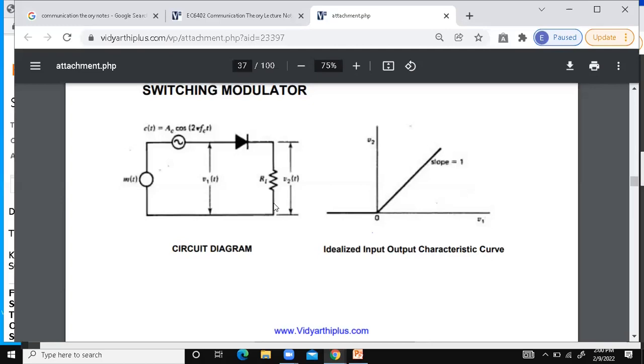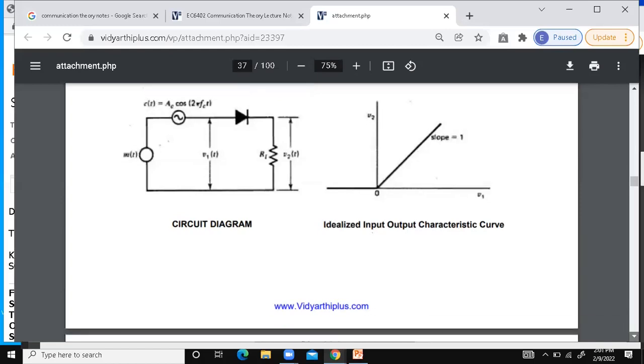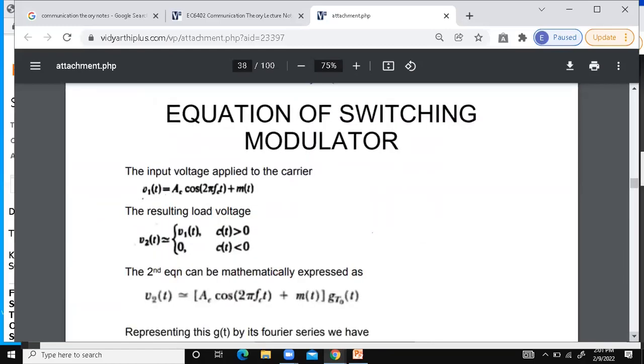Yes, sir. So I'm saying that's what is represented here. V2, which is the output voltage, is the same as V1 when you're on the positive half cycle, and is equal to 0 on the negative half cycle.